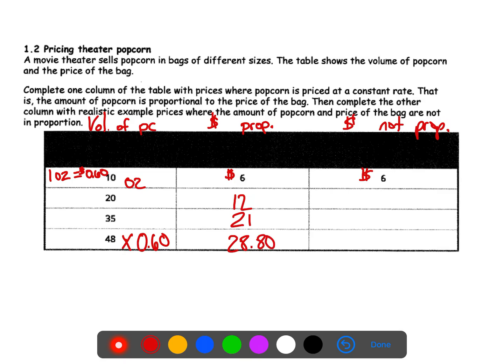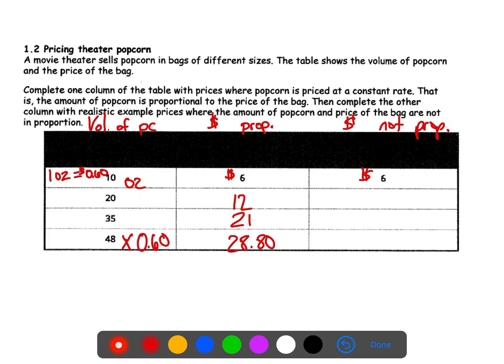Now, those are all proportional prices, but if you went to an actual movie theater, you would not see proportional prices. Usually, the largest size is going to seem like the best deal, and that's the whole point. They want you to buy the most popcorn and pay the most money, even though you're getting way more popcorn for that price than you would be for a smaller size.